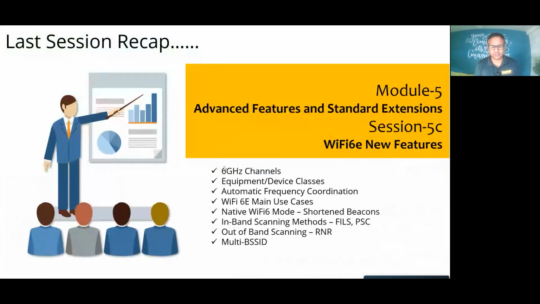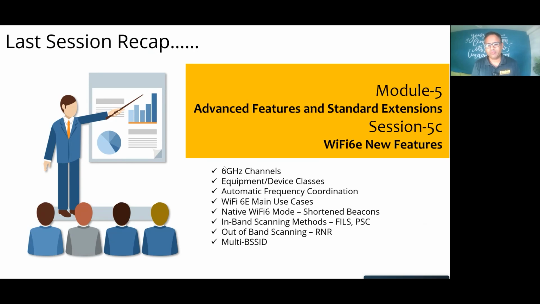Before we do that, let's quickly recap what we talked about in the last session. Last session was about 6 gigahertz. We talked about 6 gigahertz channels. We said that there is about 1200 megahertz of contiguous, not necessarily clean, but continuous spectrum that is available for unlicensed use, that is opened up for Wi-Fi. This is very exciting because a lot of Wi-Fi devices can operate in the spectrum.